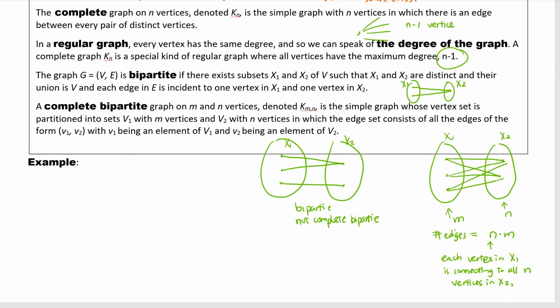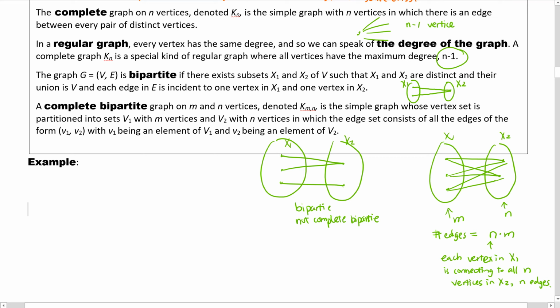So each vertex is incident to n edges, and because we have m vertices in X1, we have n times m edges. That's the number of edges. So far, so good, everybody?